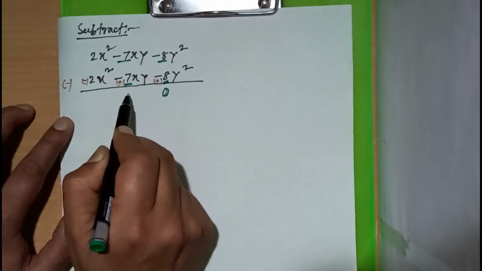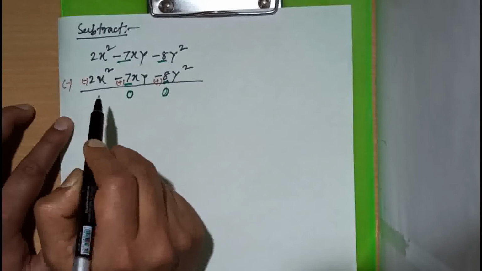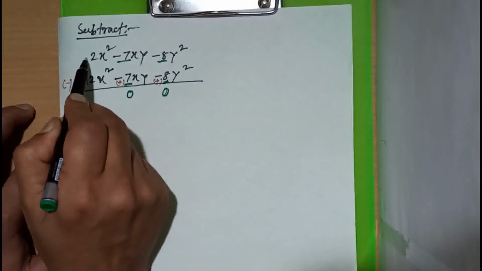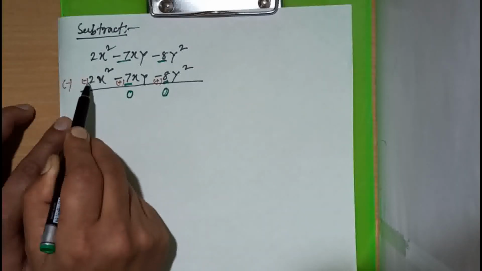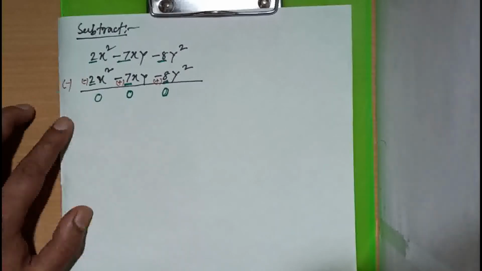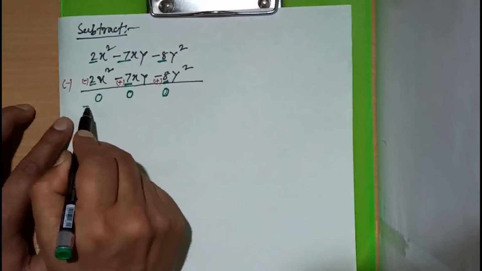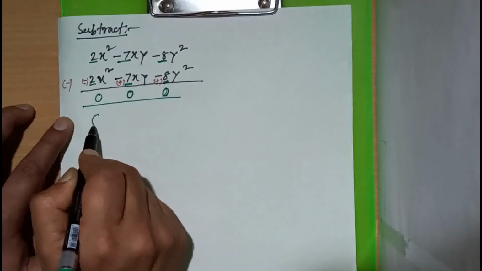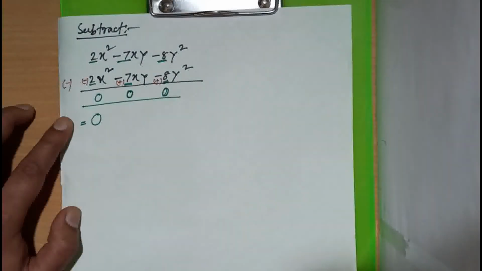Negative 7 positive 7 is also going to give you 0. And then this is positive 2x square, it is negative 2x square. This one and this one are also going to give you 0. So ultimately the total answer we have got is 0. This is the final answer.